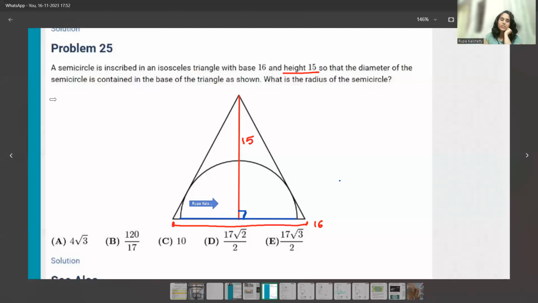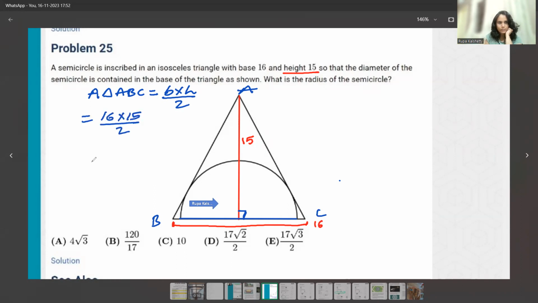So how do you find the area of the triangle? As simple as that. Let's say this is triangle ABC. The area of triangle ABC is going to be base times height over 2. Am I correct? What is the base here? Base is 16, height is 15, over 2.